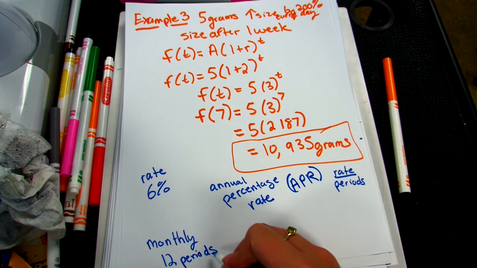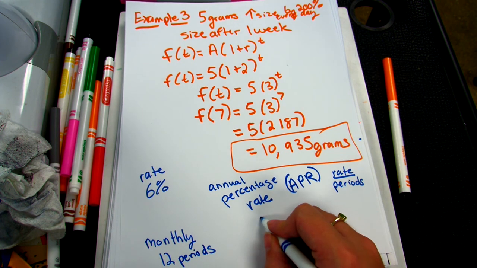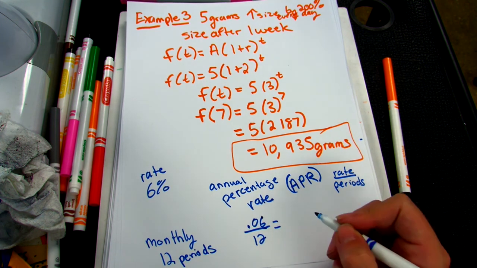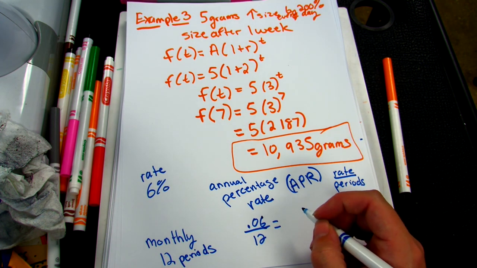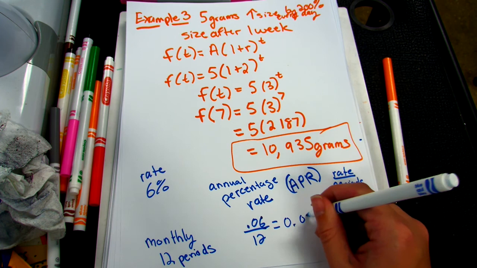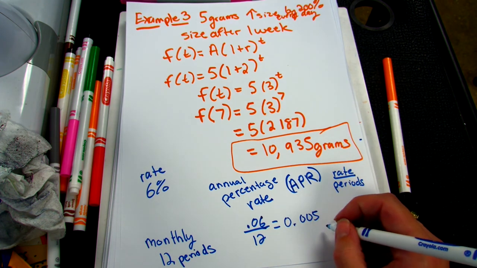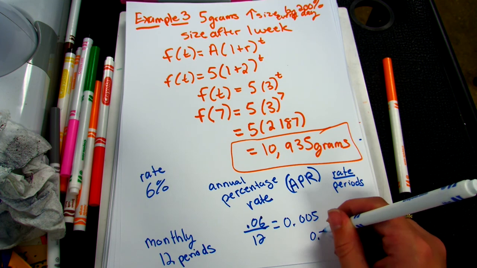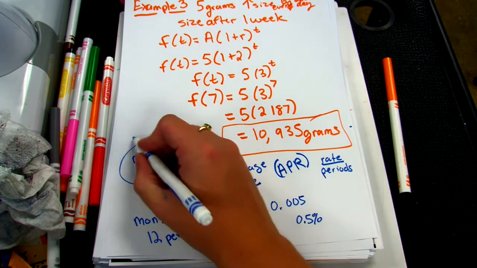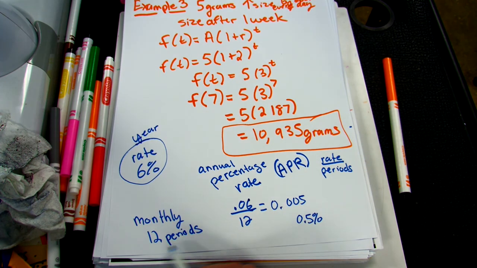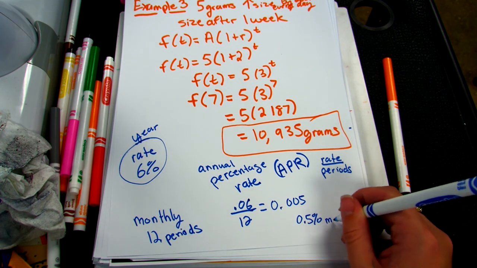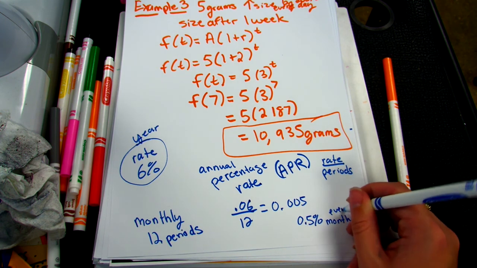So if you're doing monthly, which is 12 periods, it would be 6% divided by 12, which would give you 0.005, which is actually 0.5% every month. So for the whole year, you get 6%. But because you're compounding monthly, so you have 12 periods, you're doing 0.5% every month.